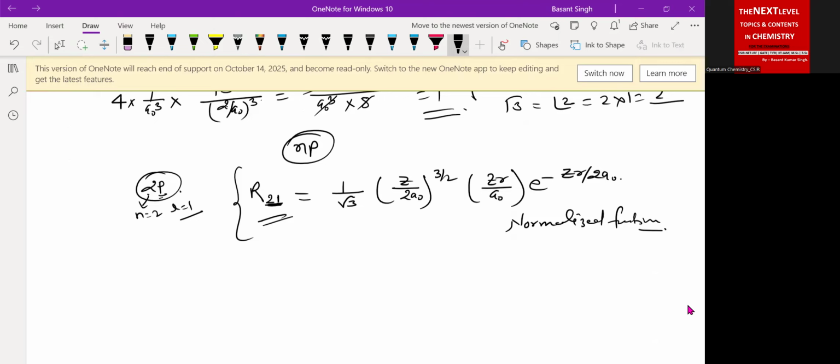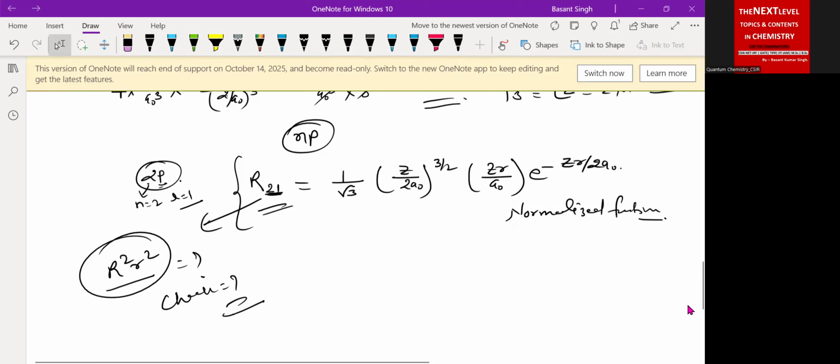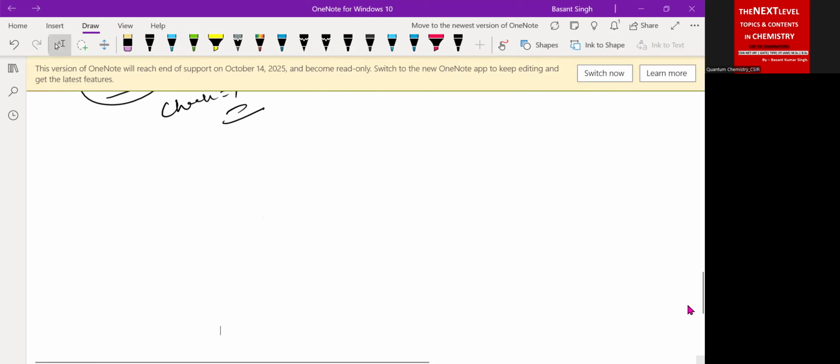I have to check for this function whether the radial distribution function is r square R square or not. So the mathematical expression for this is the integral of r square R square dr from 0 to infinity, which must be equal to 1.